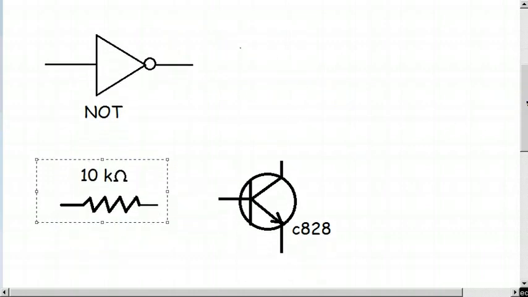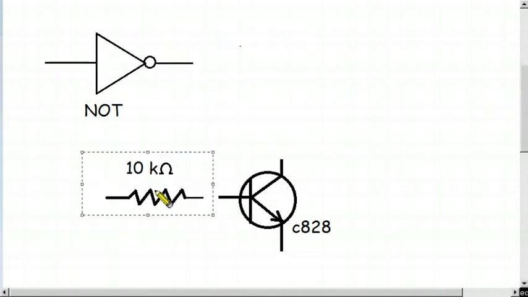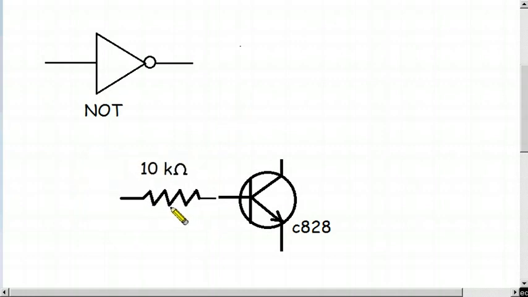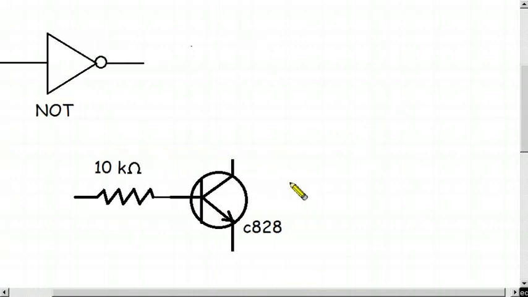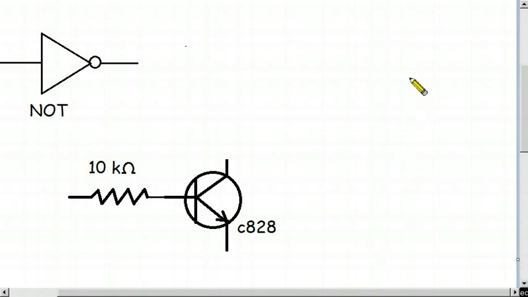So let us arrange. You must fix a resistor to the base of the transistor. So this is how you can find out the base of this transistor.